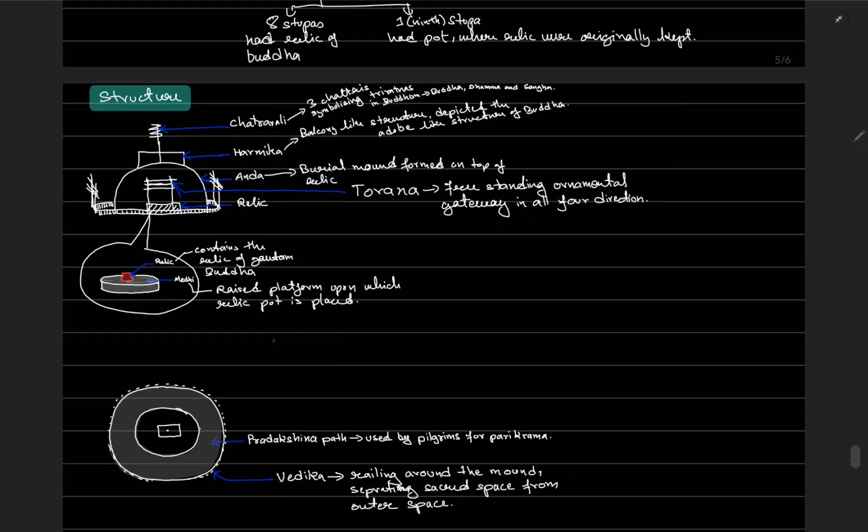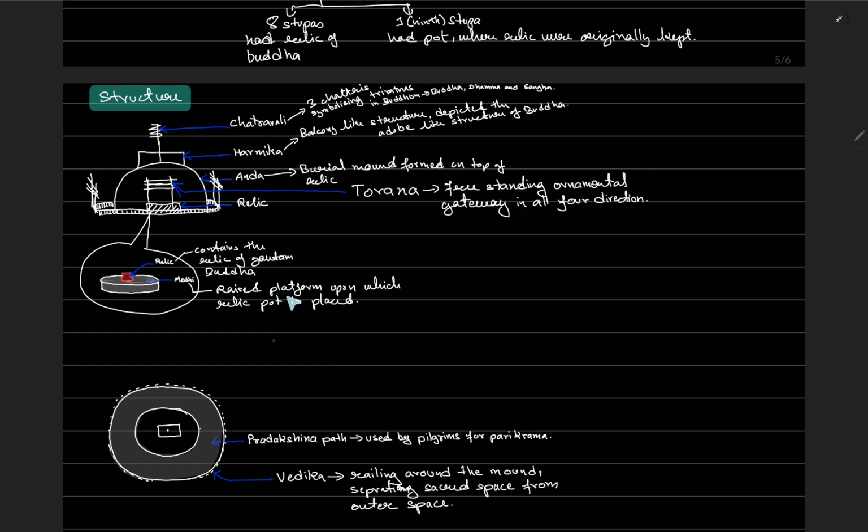Talking about the structure, as you can see in this side view of the stupa, it looks rectangular here, but from the top view it will look like this. I wrote here relic, but if you see in detail from inside, there is a medhi.